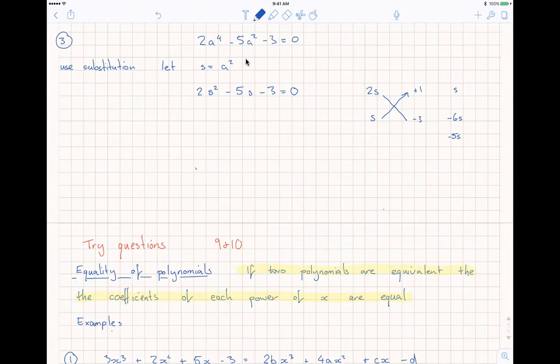So we're all good. We can just factorize that as 2s plus 1, s minus 3 equals 0. Substituting back that s equals a squared, we get 2 times a squared plus 1 and a squared minus 3.